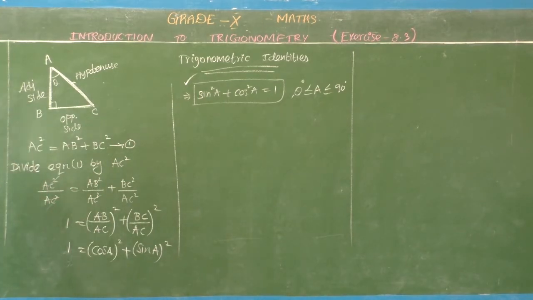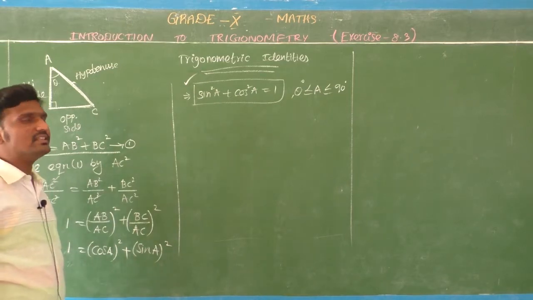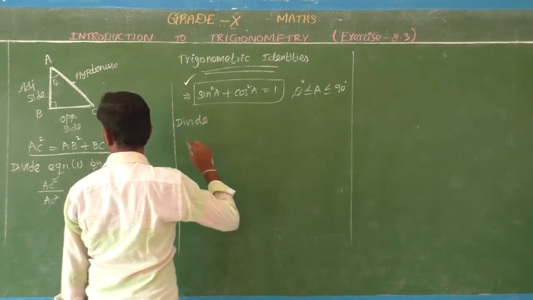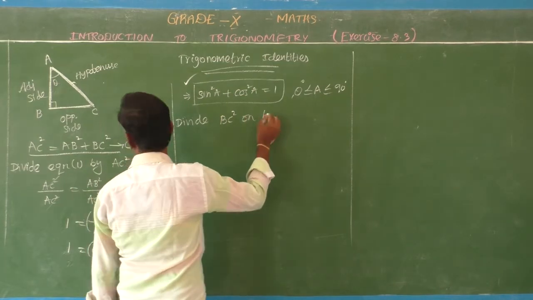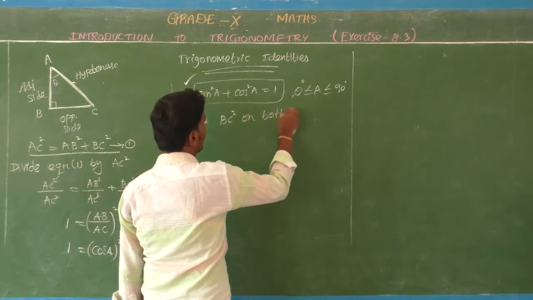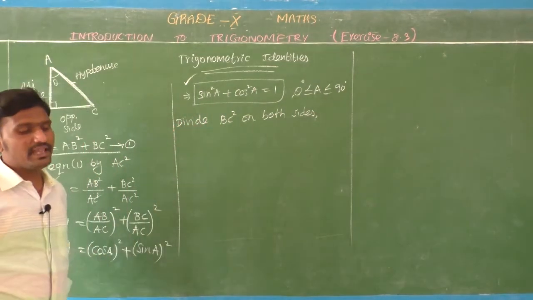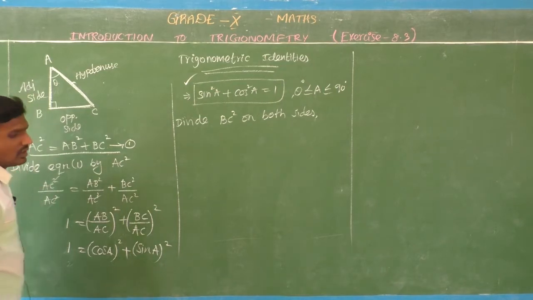Got it, children? Now see, the equation you have is AC square equals AB square plus BC square. Now divide BC square on both sides. So what are we going to get?